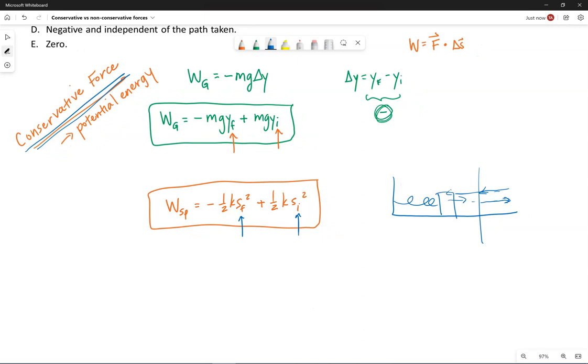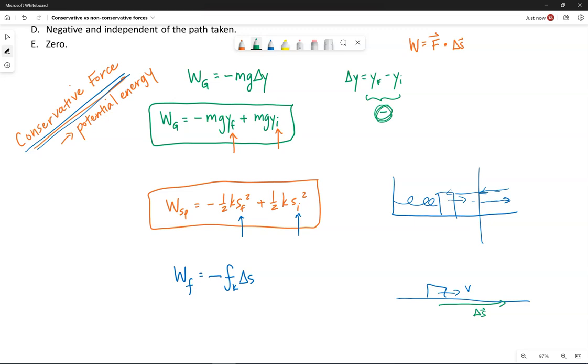If we think about friction, the work done by friction as an object moves. So I have a box sliding along a surface. I know friction is opposite the motion. So I'm specifically talking kinetic friction. And so the work done by friction, it's always negative. So it's always removing energy from the system. The force of friction is constant. Delta S represents how far along the surface the friction acts and how far the box slides.